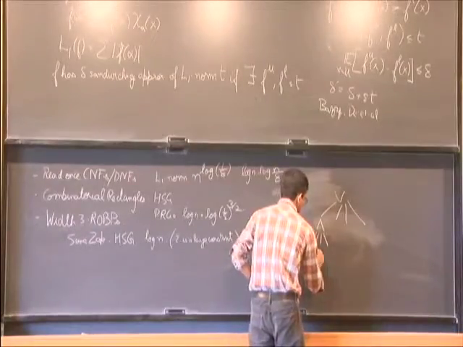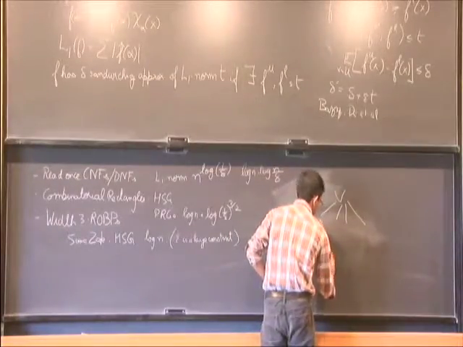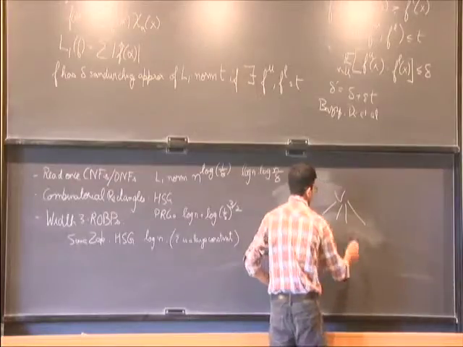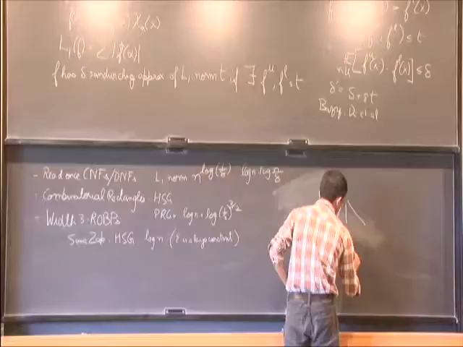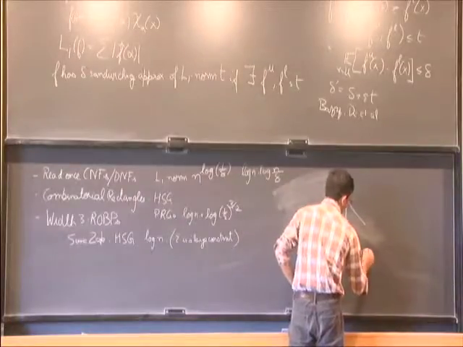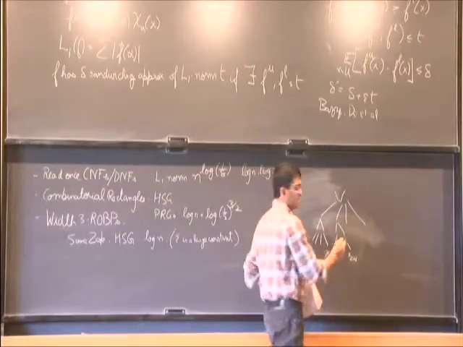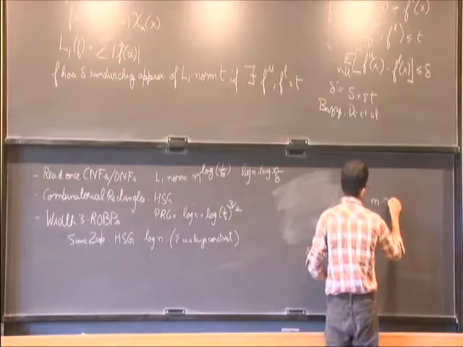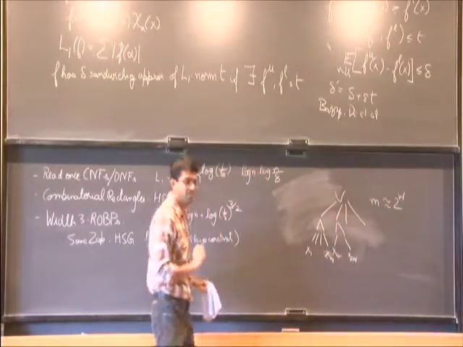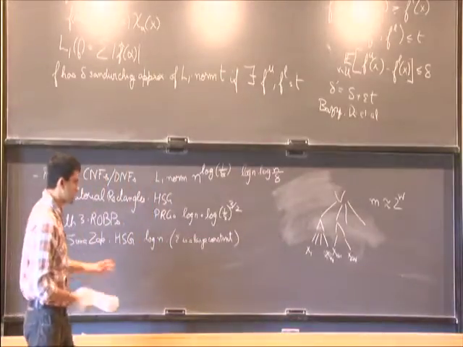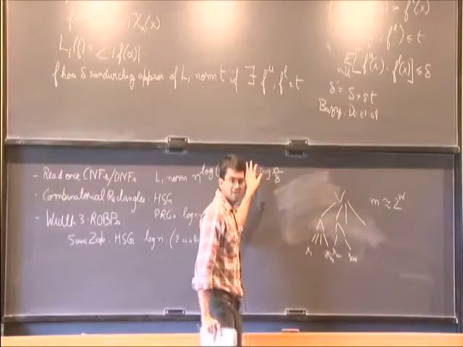I'm going to assume the variables come in order, so there's x1 through xw. Then the next gate looks at xw plus 1 through x2w, and so on and so forth. The number of clauses m is going to be approximately 2 raised to w to keep the function interesting. It's obviously a read once DNF.